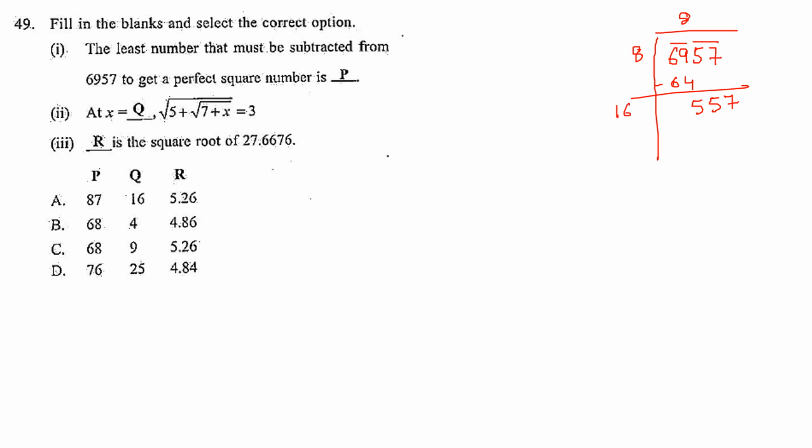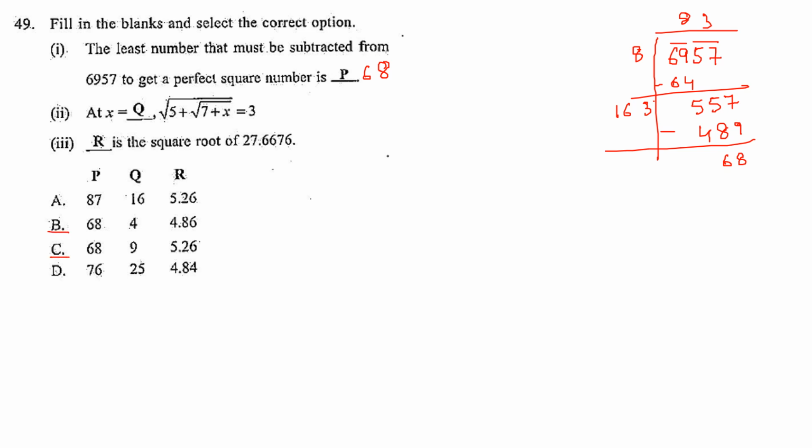Here it will be 16. So 163 times 3. This will give me 489. And if I'm going to subtract it, I will get 68 as my remainder. So the number to be subtracted will be 68. And if you see the option, your B and C option is 68, right?